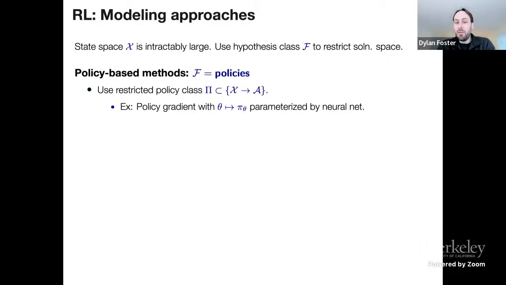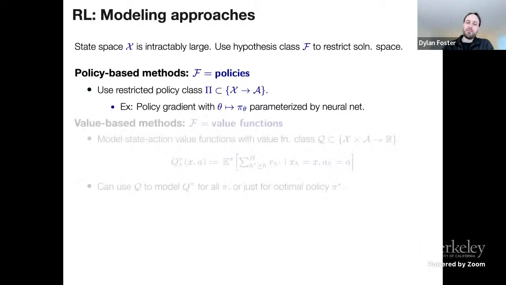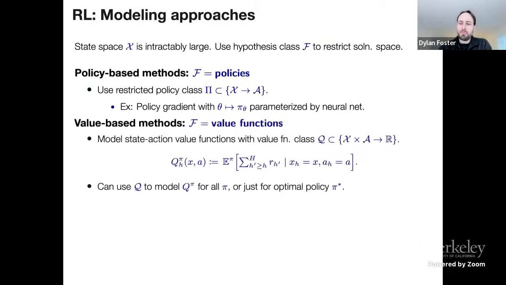Here, big Pi would be our hypothesis class. Another approach is value-based methods. Here we're using a restricted class of hypotheses Q, which is trying to model the value functions in the MDP. This could mean we want our class to be able to capture all possible value functions, or maybe we're just trying to capture the optimal value function.